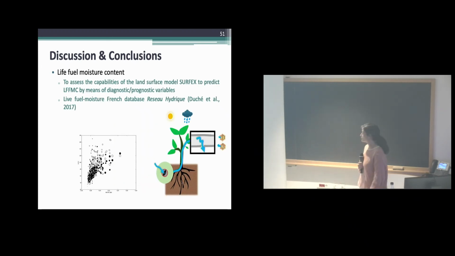Then for the live fuel moisture content simulation, we assessed the capabilities of this model by comparing several diagnostic and prognostic variables of the model with a database of measurements of live fuel moisture content. The results were promising, but still more work is needed.